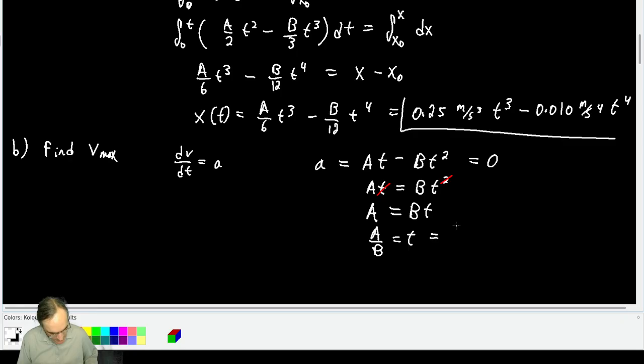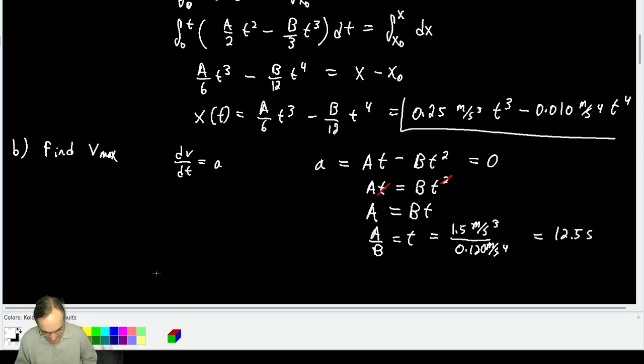So let's find out what the value of that is. It will be 1.5 meter per second cubed divided by 0.12 meter per second to the fourth. So that's going to be a bit larger than 10, but less than 15. 1.5 divided by 0.12 is 12.5 seconds.